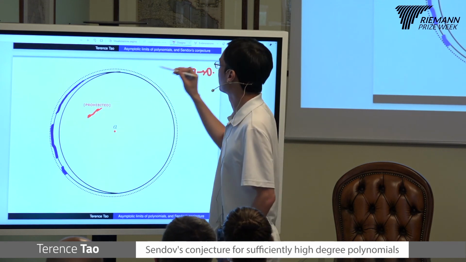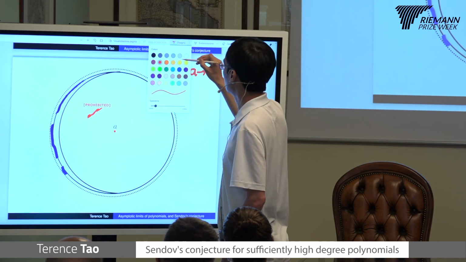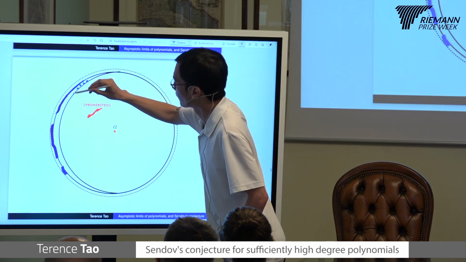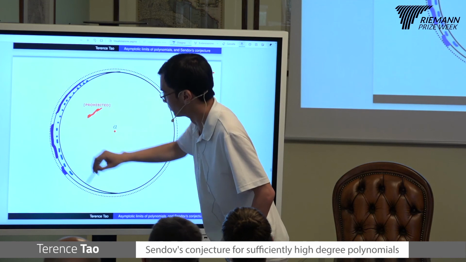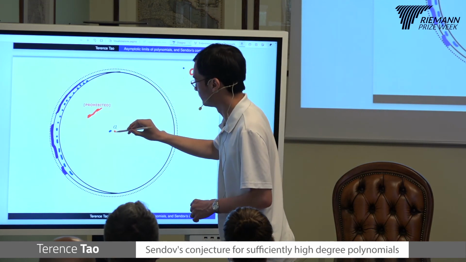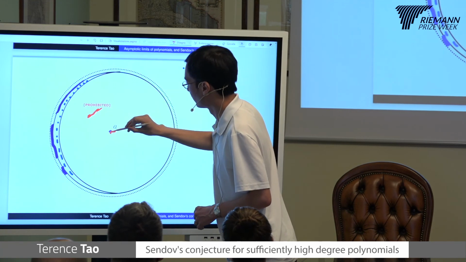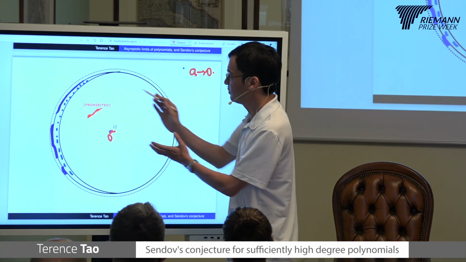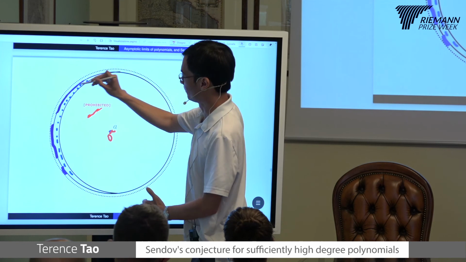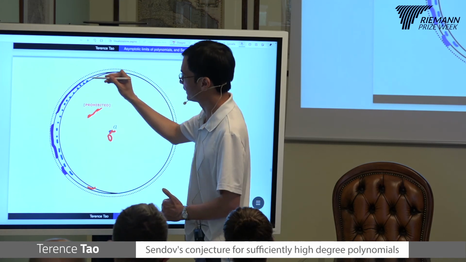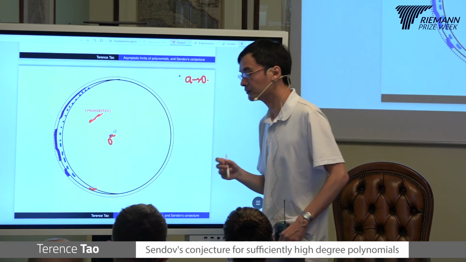So for any fixed n, the critical points are sort of stuck in this little lune, and a is going to 0. In the limit, the lune gets compressed to a semicircle. So the critical points in the limit end up on the semicircle.